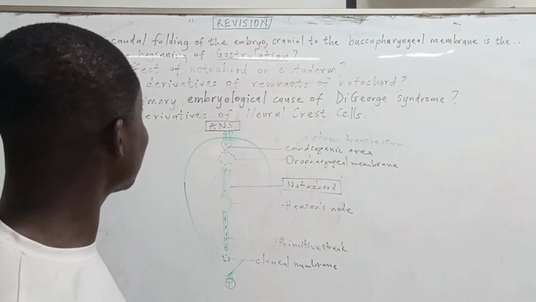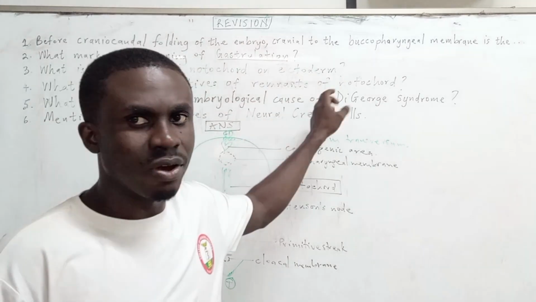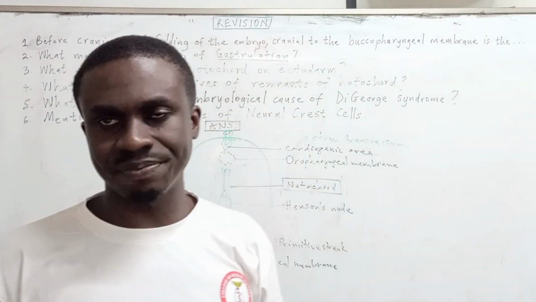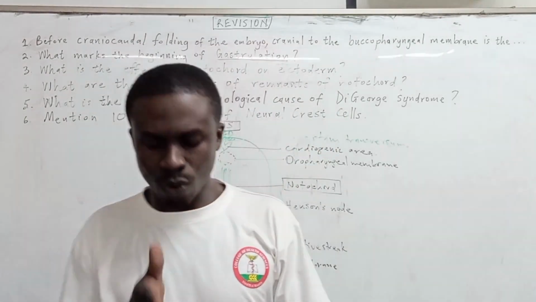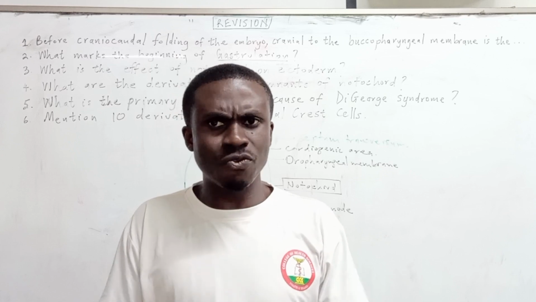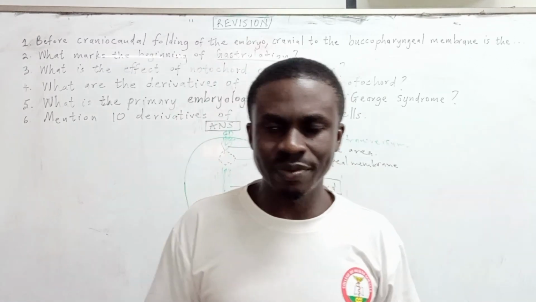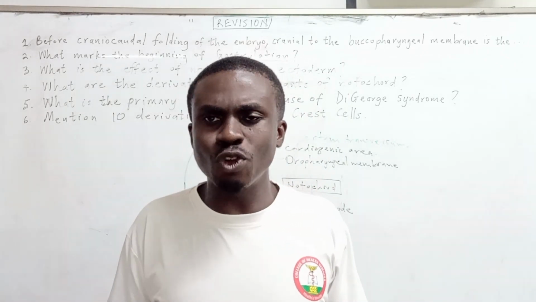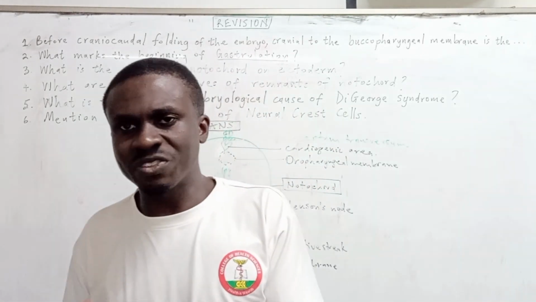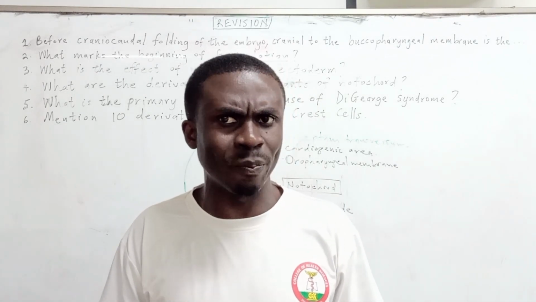Now, the next question is, what are the derivatives of the remnants of the notochord? The notochord will also form the central longitudinal axis of chordates. Now what is it going to do after it has formed? Because the final central structure forming the axis of the embryo is eventually going to be the vertebral column.